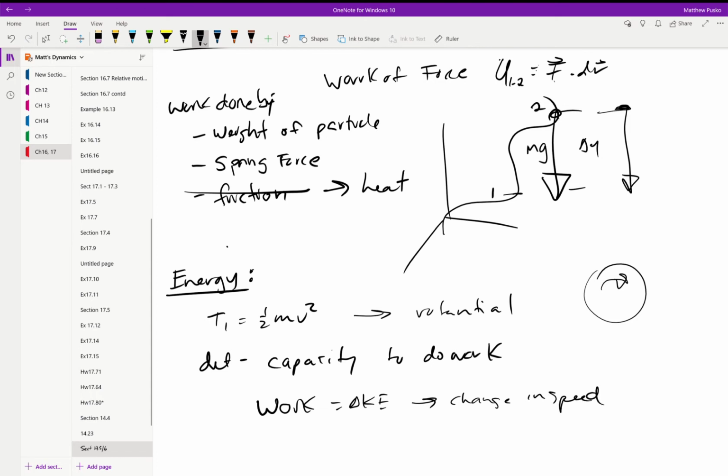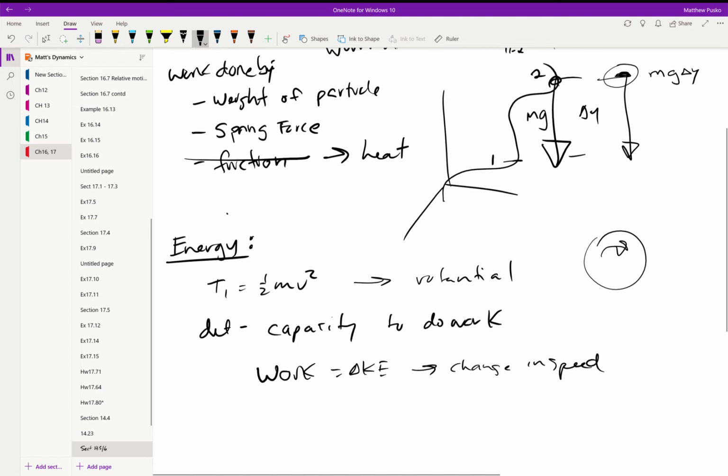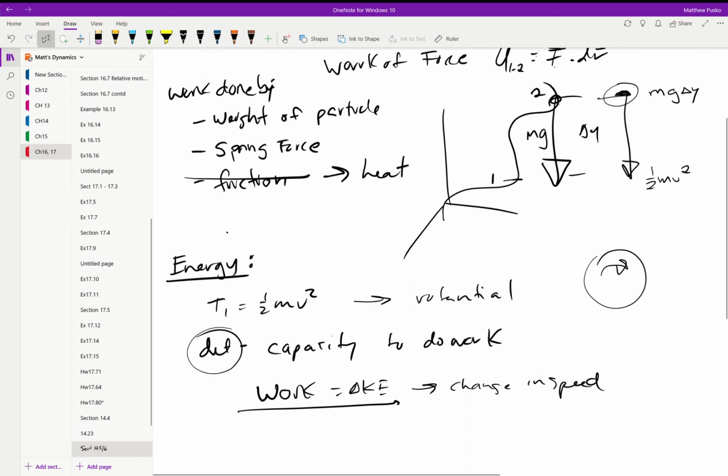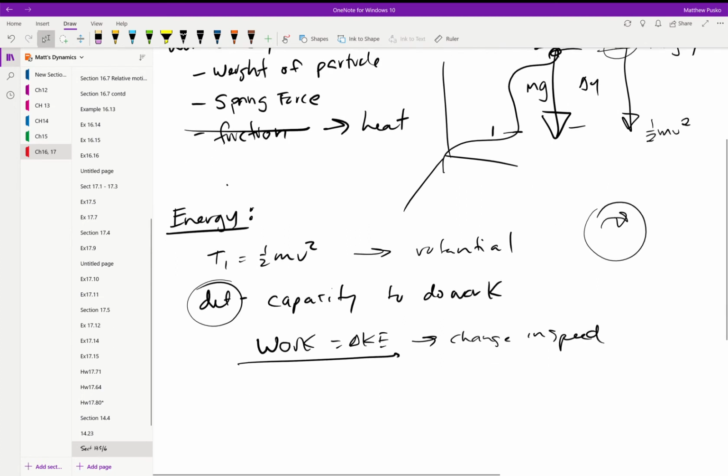So if I have some gravitational potential energy, such as mg delta y, and I will define that in just a second too, that can turn into some 1/2 mv squared by falling back through space. So work is equal to the change in kinetic energy, and literally energy is the capacity to do work. In this case, it just turned into another type of energy.